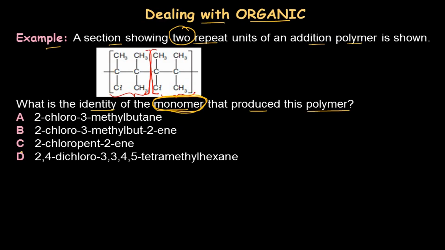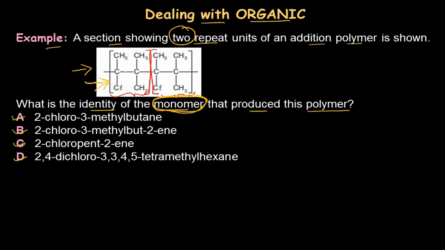As we have lots of options here, what I suggest is that we first find the name of the monomer, because the options give names. But to find the name of the monomer, we first need to make the monomer from the repeat unit.